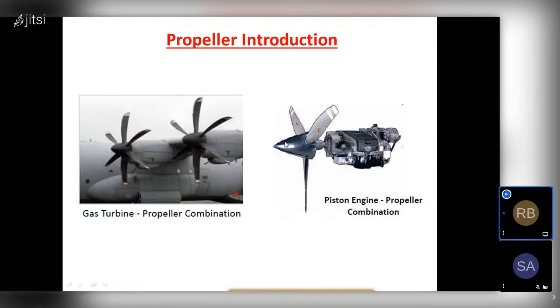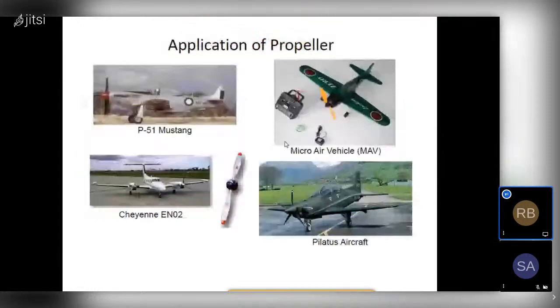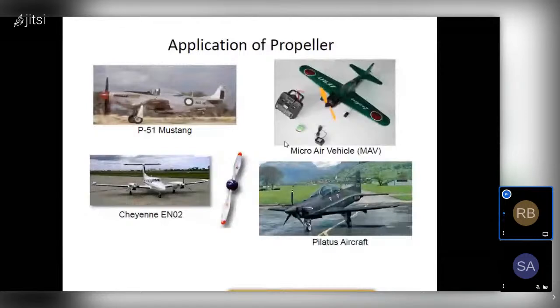And we have different types of propellers, like a fixed propeller, wooden propeller, metal propeller, ground adjustable propeller, and applications of a propeller for different aircraft, like the P-51 Mustang, micro air vehicle, MAV, small propeller.